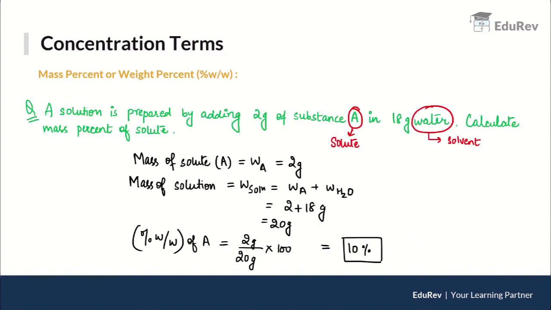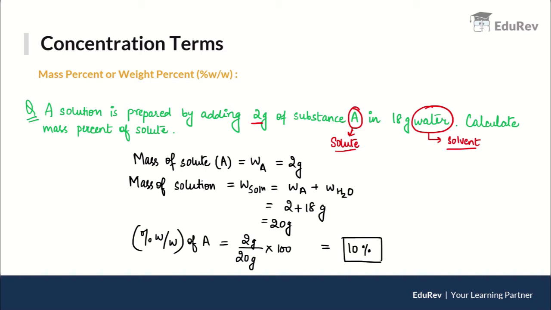You can also do a question in order to understand more. A solution is prepared by adding 2 gram of substance A in 18 gram of water. Calculate the mass percent of solute. ठीक है? That means 2 gram of substance आपका solute दिया हुआ है और 18 gram of water आपका solvent दिया हुआ है. ठीक है, तो mass of solute WA कितना हो जाएगा 2 ग्राम.